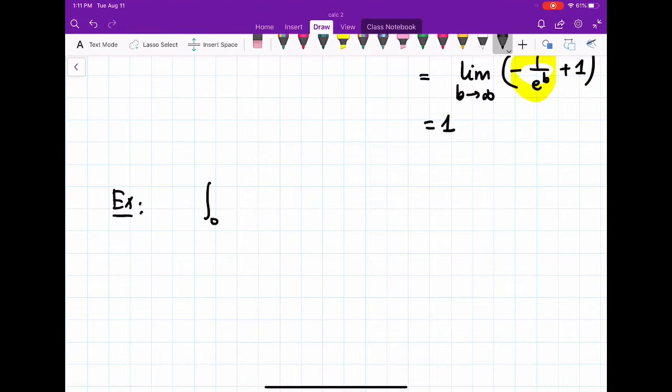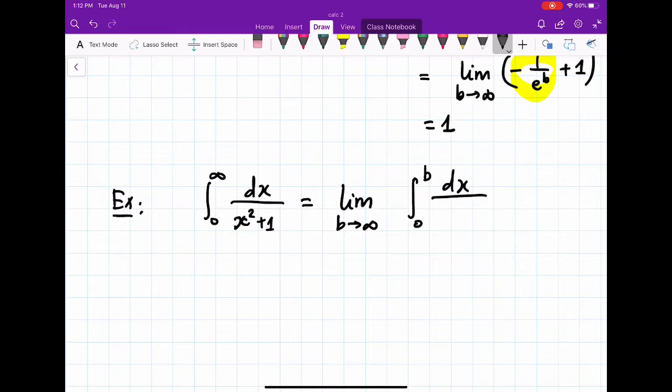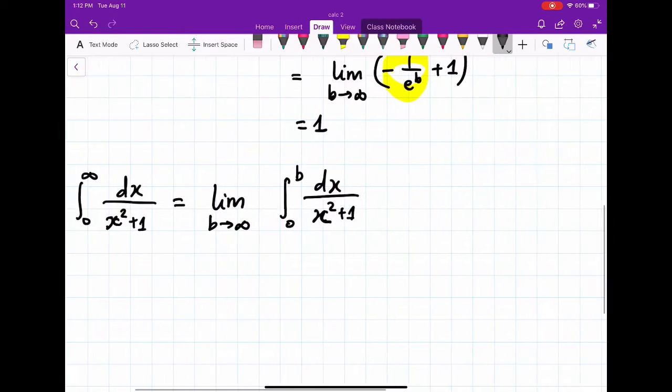Say the integral from 0 to infinity of dx over x squared plus 1. So this is well known, right? I can write the limit when b approaches infinity of the integral from 0 to b of dx over x squared plus 1, because 0 is not an improper point, so that's fine. We have infinity only. And what is this?